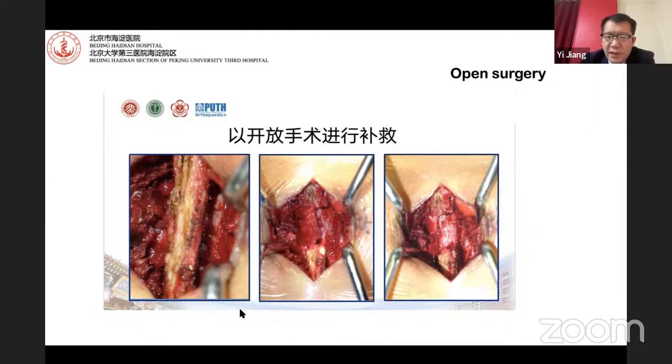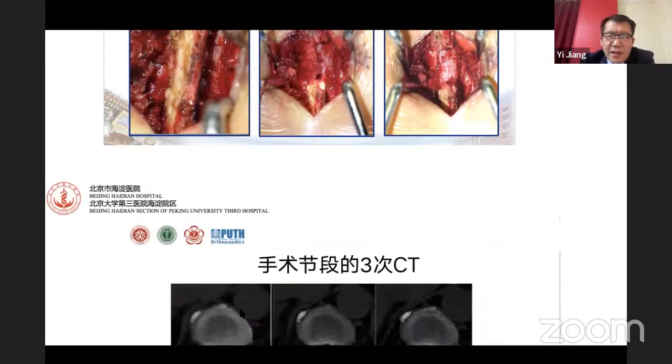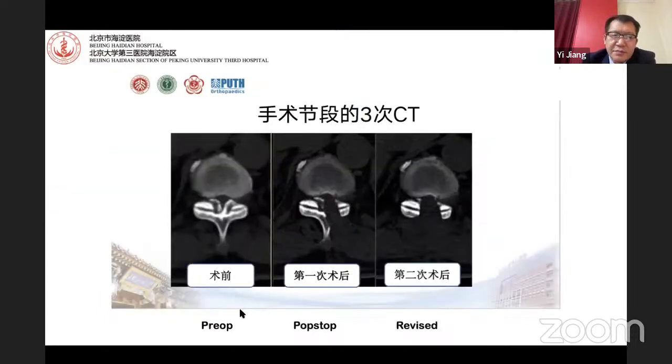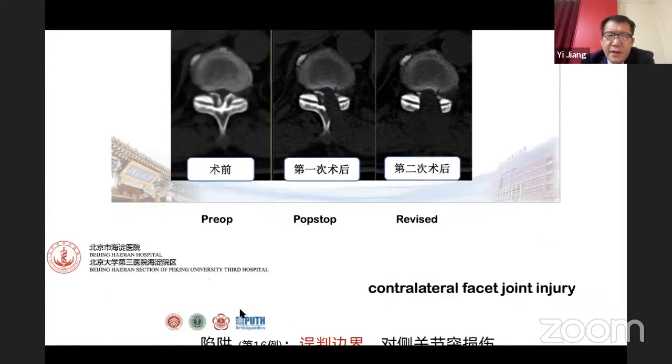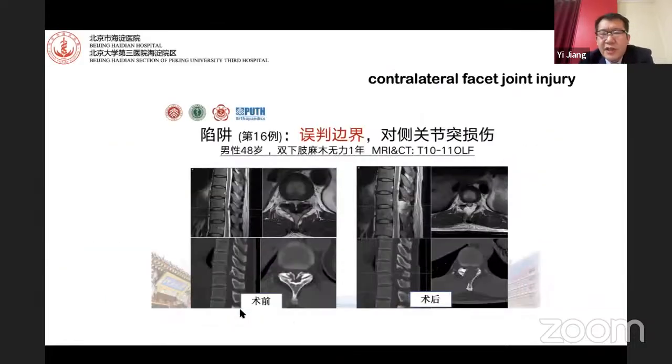We took off all of the lamina and part of the facet joint. This is the CT scan, the preoperative, the first postoperative, and the revision. The extra decompression led to contralateral facet joint injury.